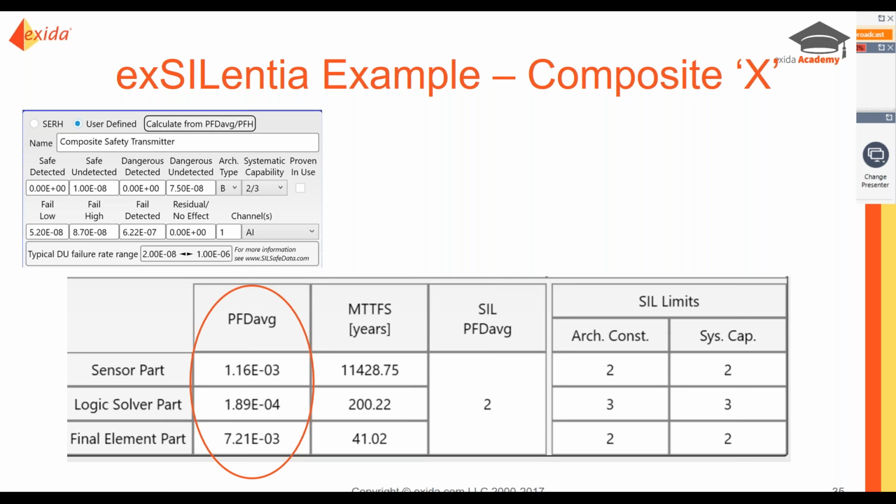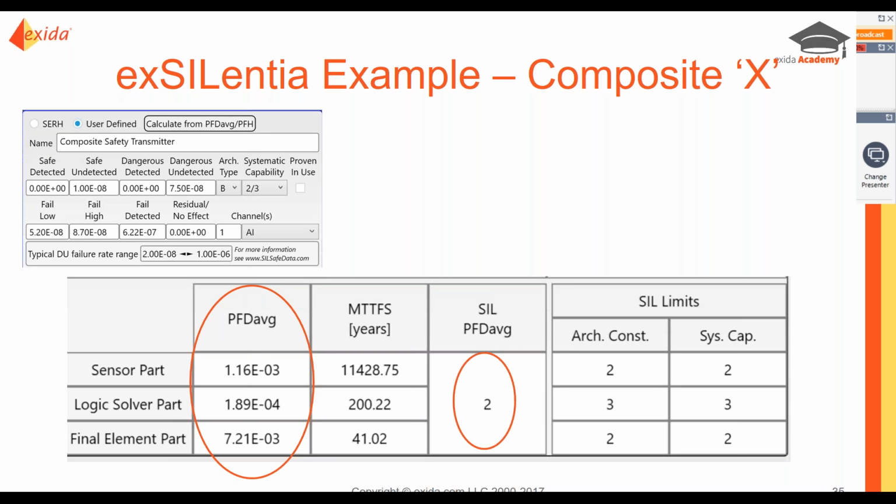This time, we have a PFD average not as good as the specific device, but at the same time not an order of magnitude off as the generic. And that will save me from claiming SIL 1 to SIL 2 in this system.